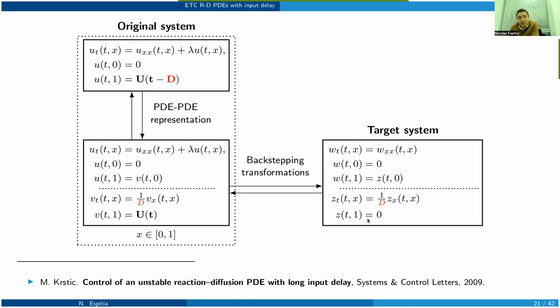This transport PDE is fixed-time stable. So this 0 propagates through the spatial domain, and then it reaches the left boundary. So after the delay, the transport PDE vanishes. We end up, after the delay, with a simpler heat equation, which is by nature exponentially stable.